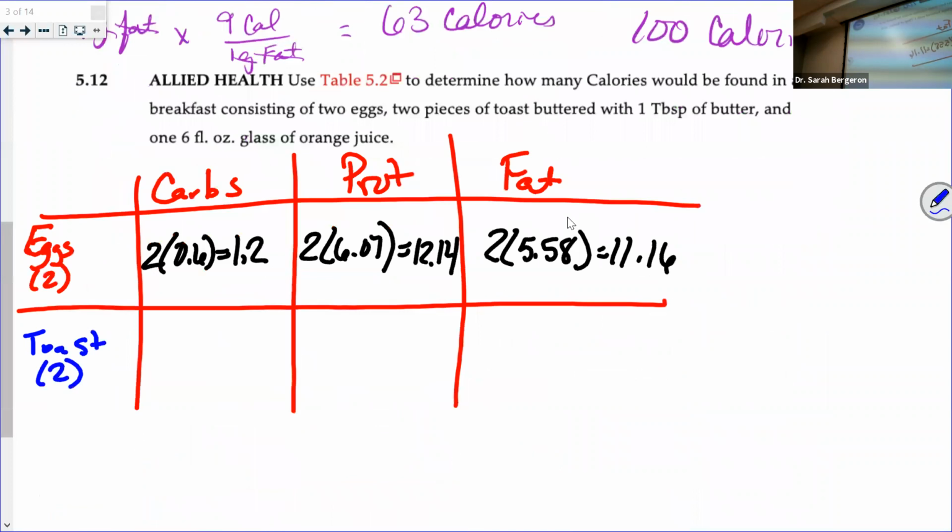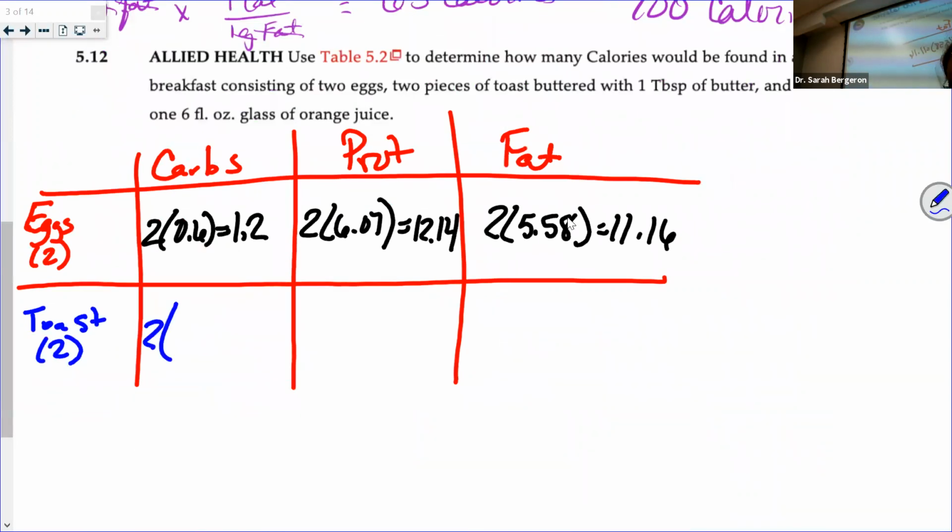Okay, so toast, 2. How many carbs in a slice of bread? Should be a lot, right? 14.1. Okay, so that gives me a total of 28.2. Then my protein, shouldn't be too much protein. 2.4, so 4.8, not 8.4.